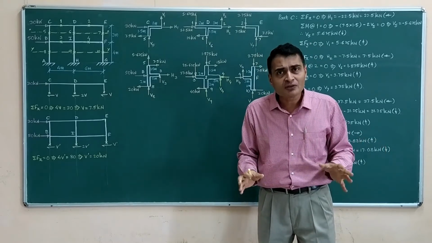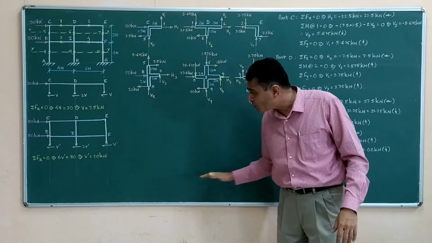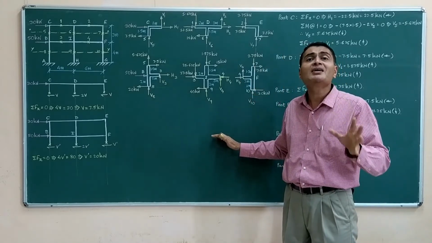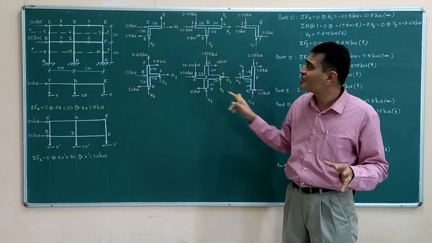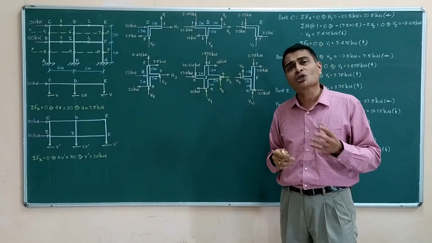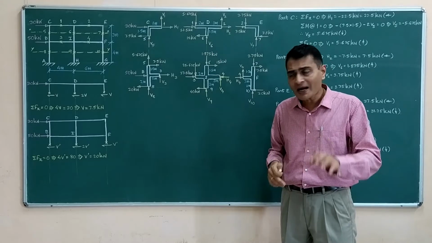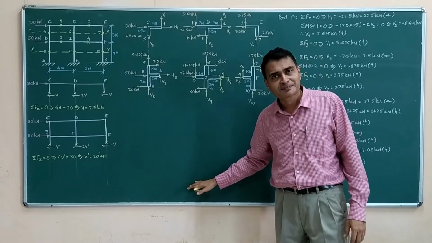Once that is done, it is a very simple job to develop the moment diagram and to express the shear forces and axial forces. Now how to do that I will show you.